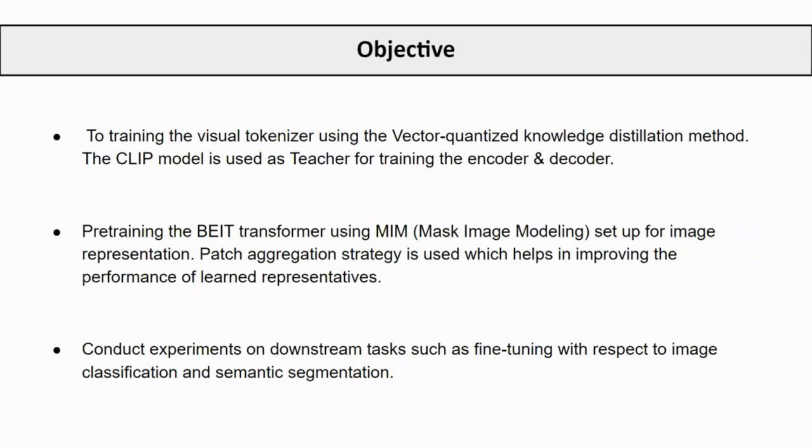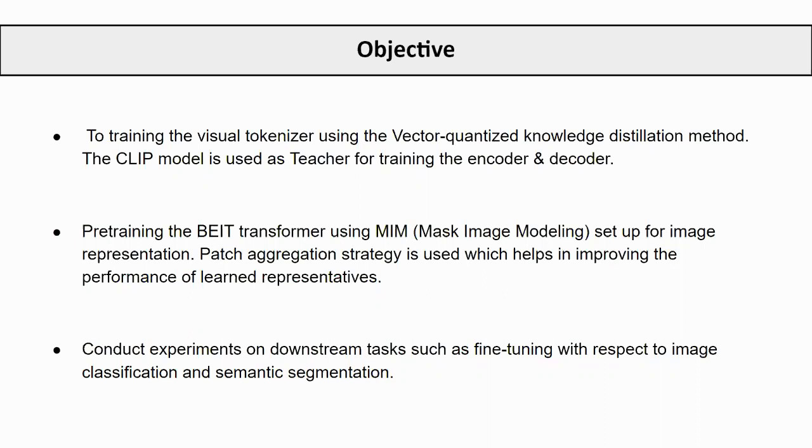If I had to list down the three main goals of this project, then the first goal would be to train the visual tokenizer using the vector quantized knowledge distillation method. The model that I'm using as a teacher over here is the clip for training the encoder and the decoder.